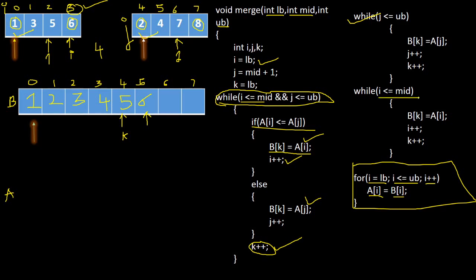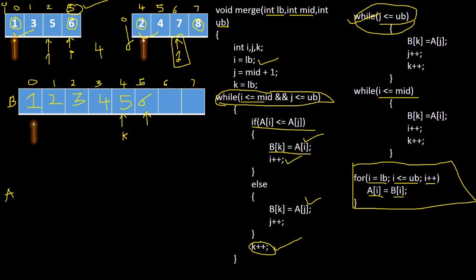While I is less than or equal to mid, that means some of the elements are remaining in the I part, right? And while j is less than or equal to ub, that means some elements are remaining in the j part. Now in our case, j is less than or equal to ub, because j's latest value is 6, and hence it is less than 7, right?